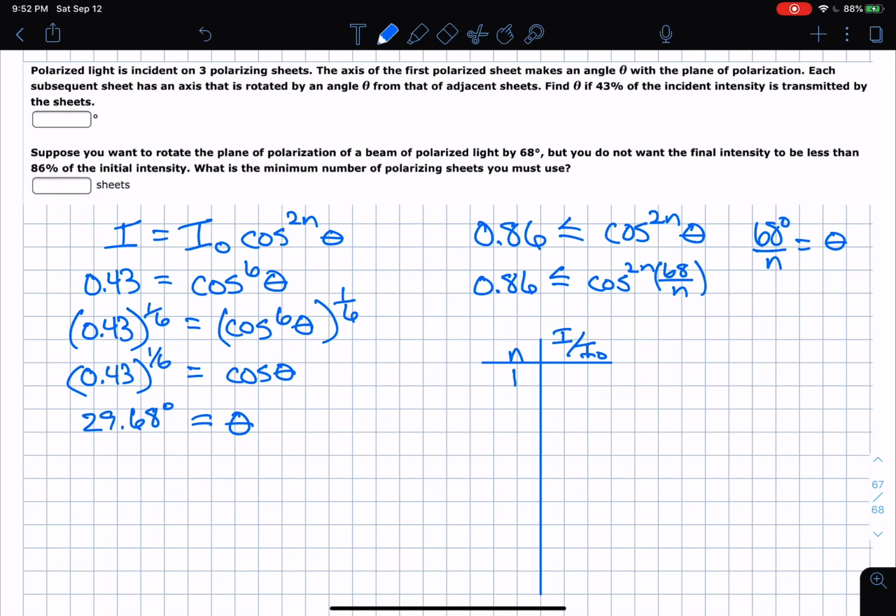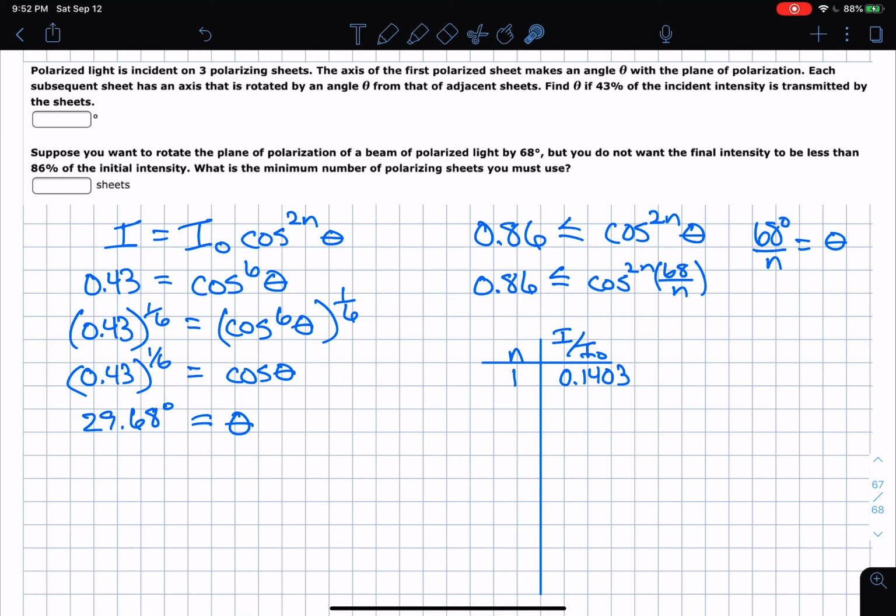So then I'm taking the cosine of 68 divided by 1, which is just 68. So cosine of 68, and then I'm going to square that. I take the cosine of 68, I get 0.3746, and then I square that, and that works out to be 0.1403.